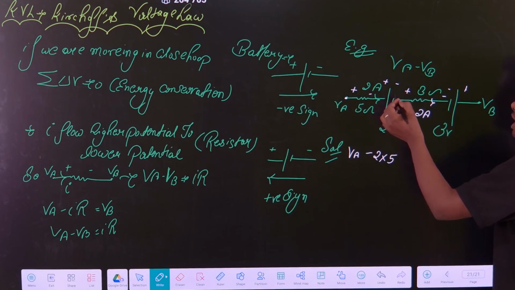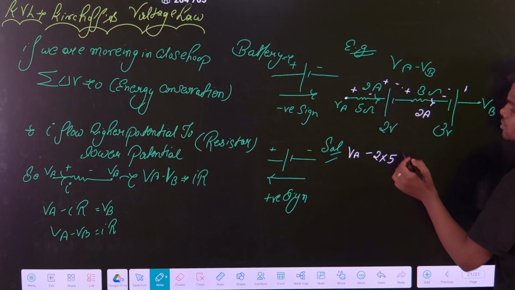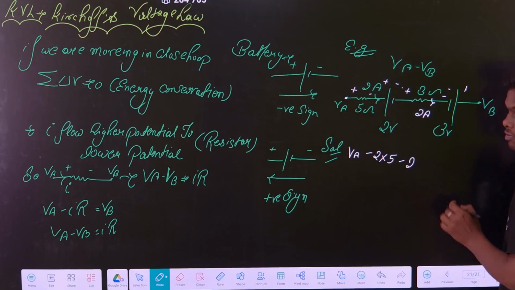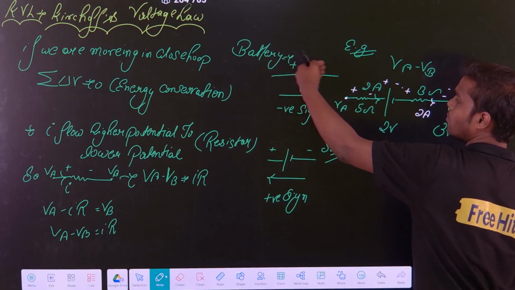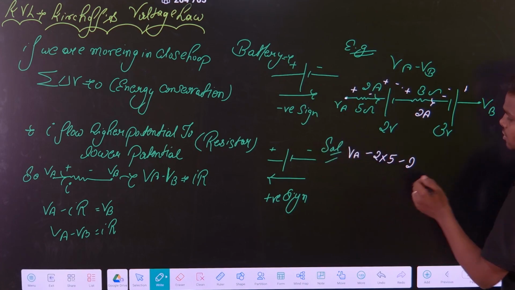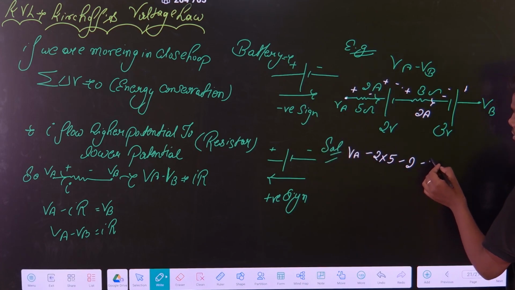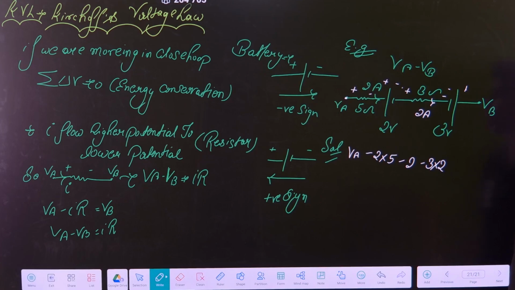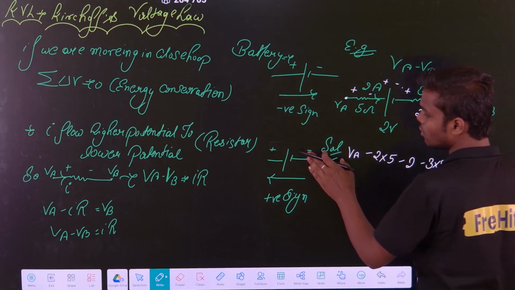You are going from higher to lower, plus to minus. So how much is the drop? Minus 2 volt. That is what I told you: if you go from higher to lower, minus. Clear? Now here again plus to minus, so I will write minus 3 into 2. Now again there is a battery, but it is minus to plus, meaning we are going from minus to plus.